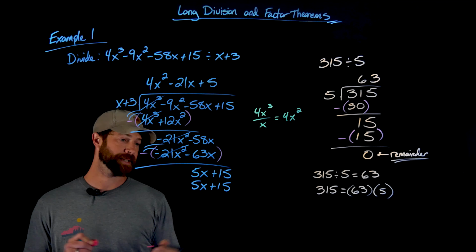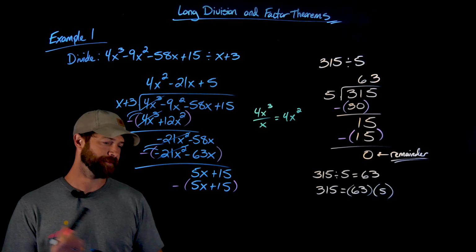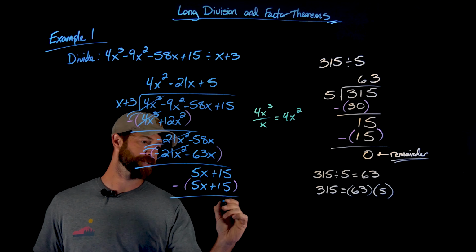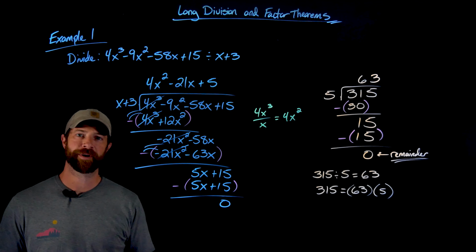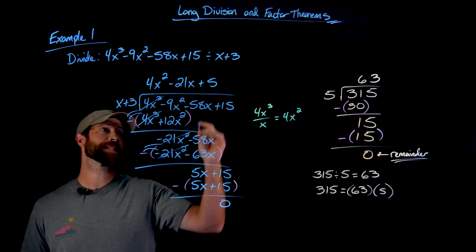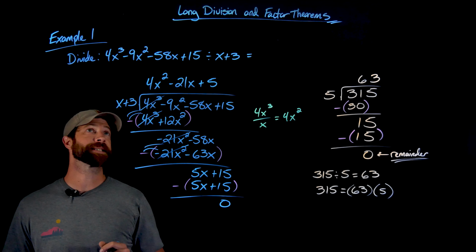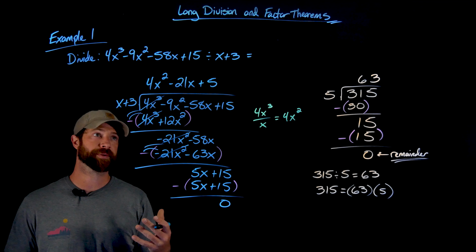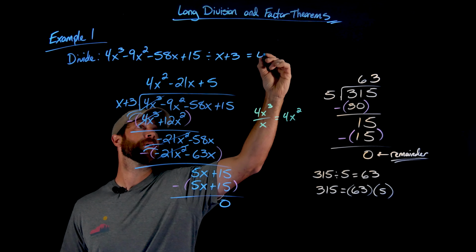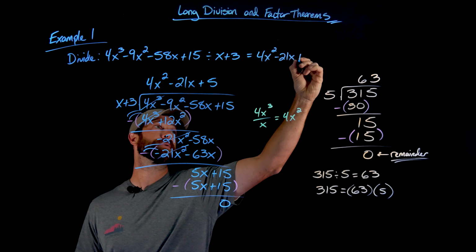Feeling good, because now when I subtract these, because I'm subtracting a polynomial from itself, I know this results in a 0. Since we have a remainder of 0, this divides nice and evenly. Then what we get is that 4x cubed minus 9x squared minus 58x plus 15 divided by x plus 3 equals 4x squared minus 21x plus 5.